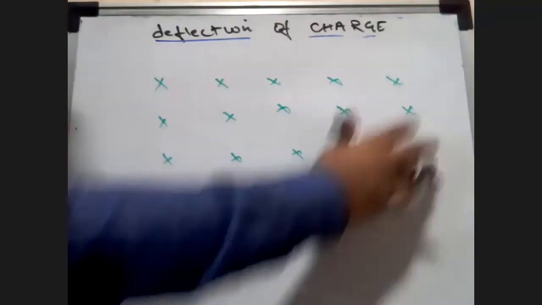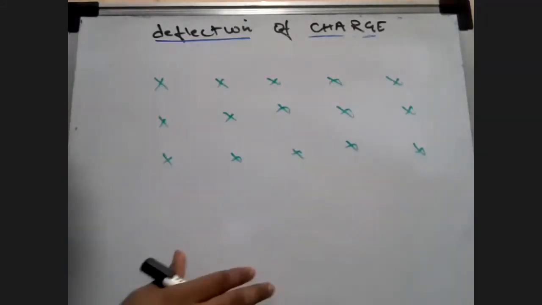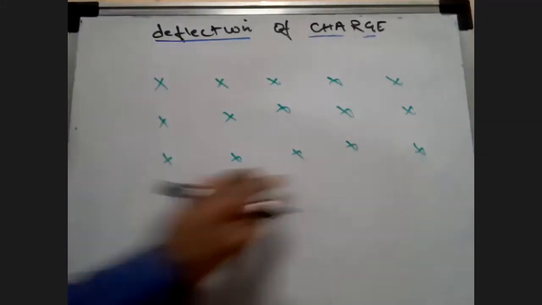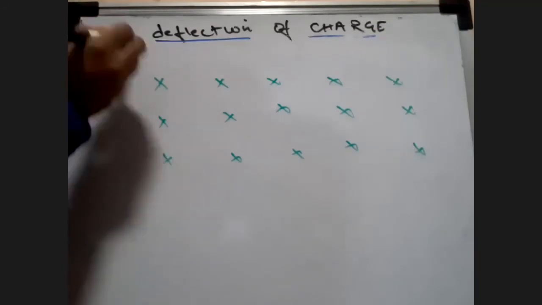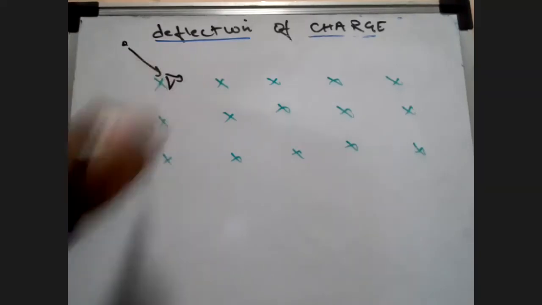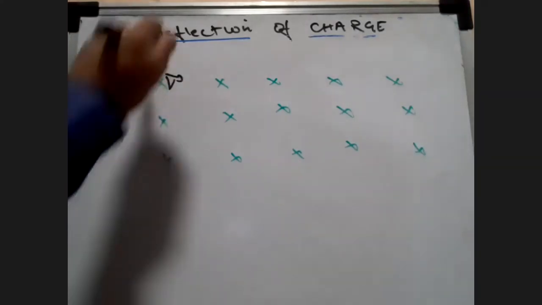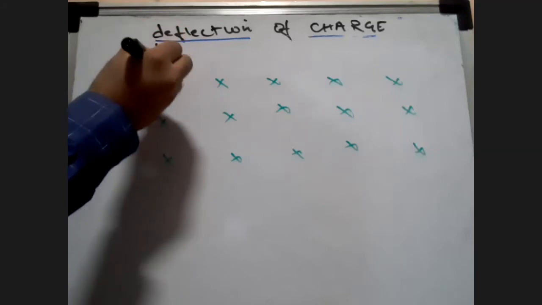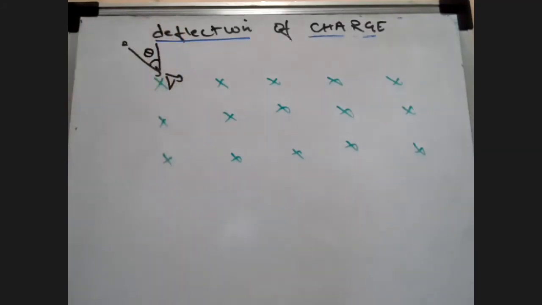If this is going to be the magnetic field, okay, I will tell you the question right now. If this is a magnetic field and I take a charge and flick it with some velocity v, but I make sure that this has an angle theta associated with it.